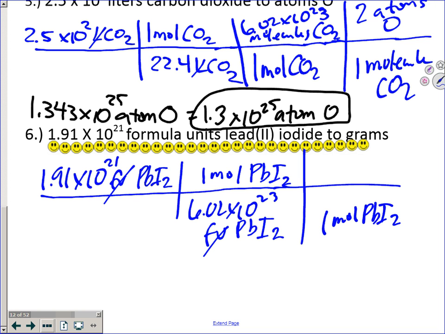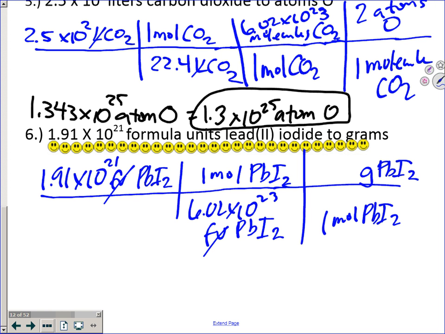Hold on. Let's just double check we're all clear before you tell me the next step. I know we're going to mass. Well, mass is in grams, so we'll put our G for grams and lead iodide. Everybody point to lead on the periodic table. 207.2, okay, plus 2 times iodine, so that's 2 times 126.904. Okay.